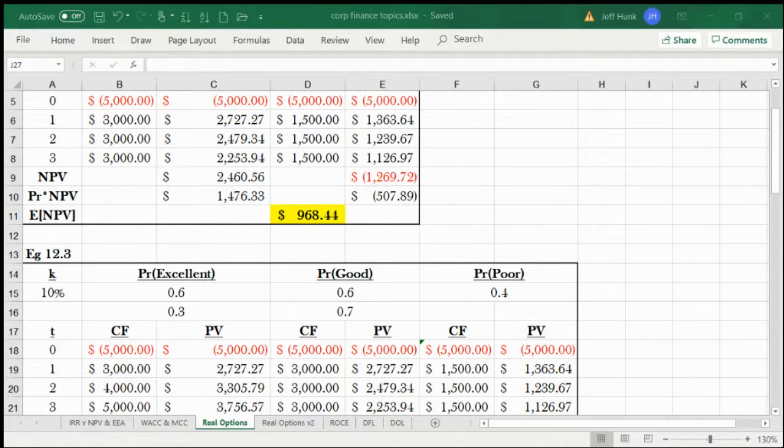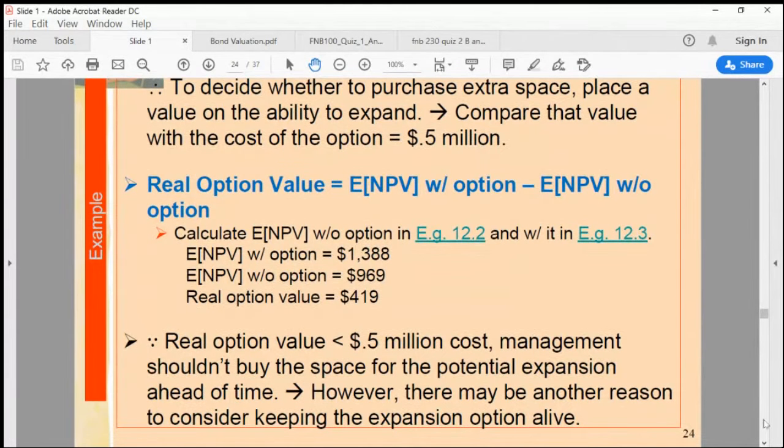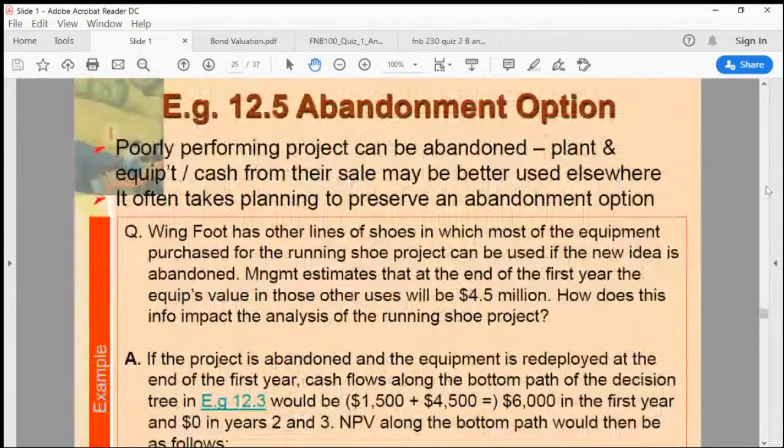Let me stop and switch to the slide. Okay, so we're back. What would be another reason to consider keeping the expansion option alive? It is because of the abandonment option. Let's take a look at the abandonment.